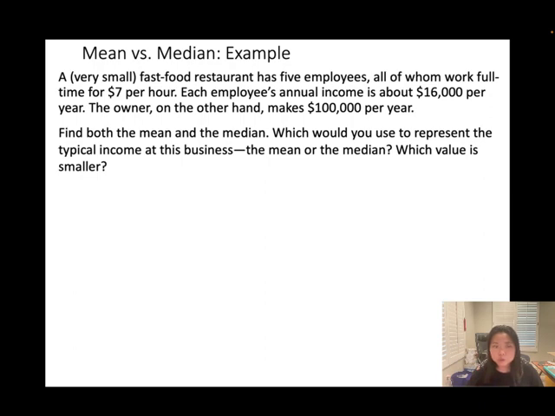Which would you use to represent the typical income at this business, the mean or the median? Which value is smaller? First, I want you to use the formula to find the mean, and then use the formula to find the median.